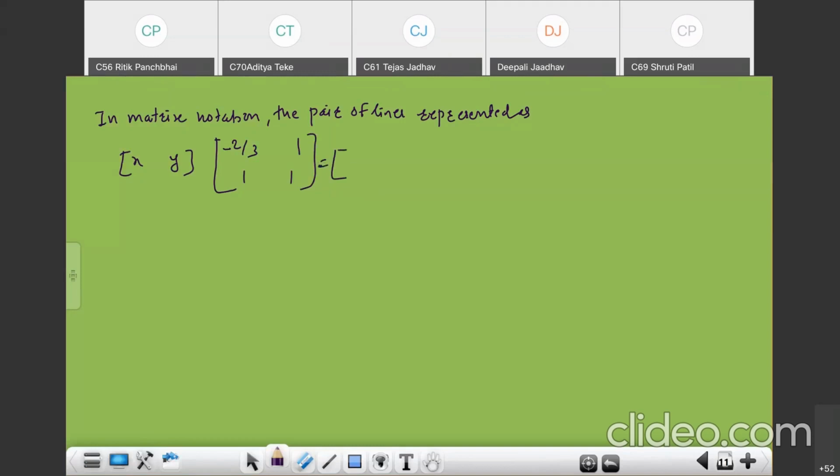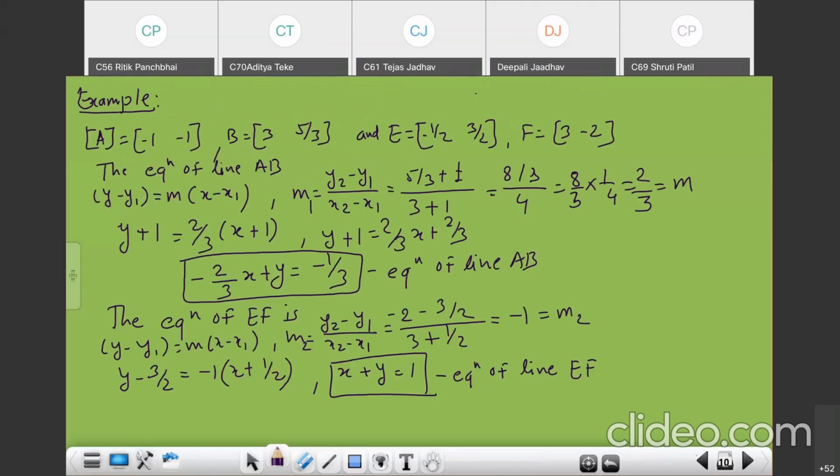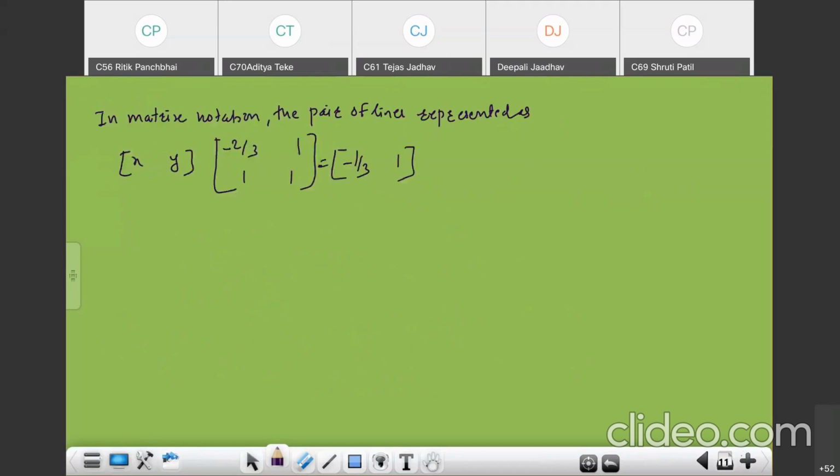So b1 for the first line is minus 1 by 3 and b2 is 1 for the second line. These are the y intercepts, minus 1 by 3 and 1.